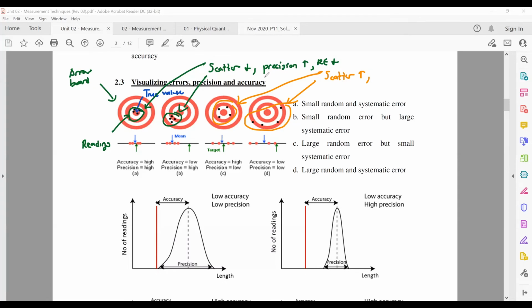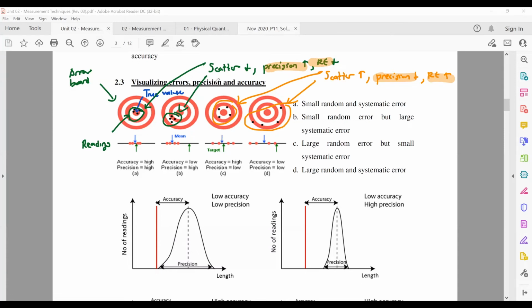If you look at the third and fourth board, you see that the readings are far apart. That means the precision is low, but the random error is high. Okay, so this is what you can see just by looking at the scatter of the readings. It can already tell you what the precision is as well as the random error. Okay, so this is one part.